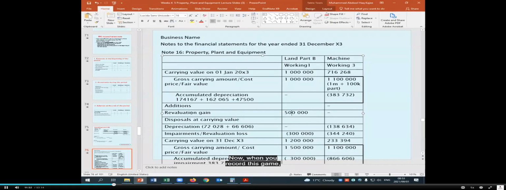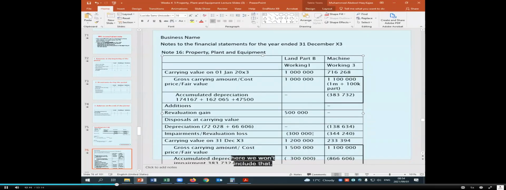Now, when you record this gain, you debit the actual land. So that's why, can you see the cost has changed from 1 to 1.5? And the 300,000 is your revaluation loss.